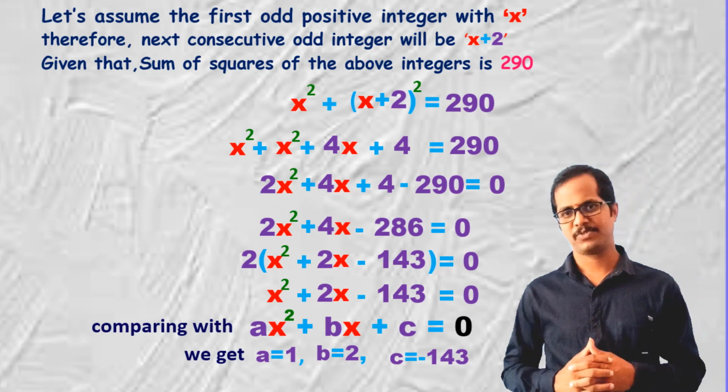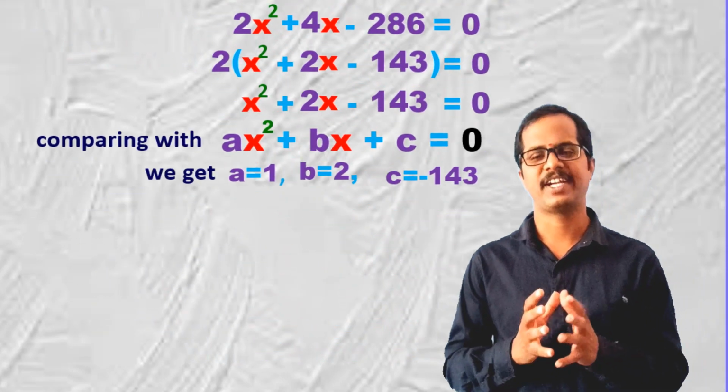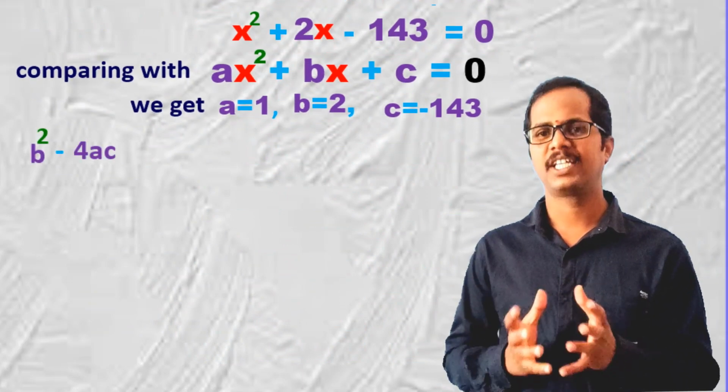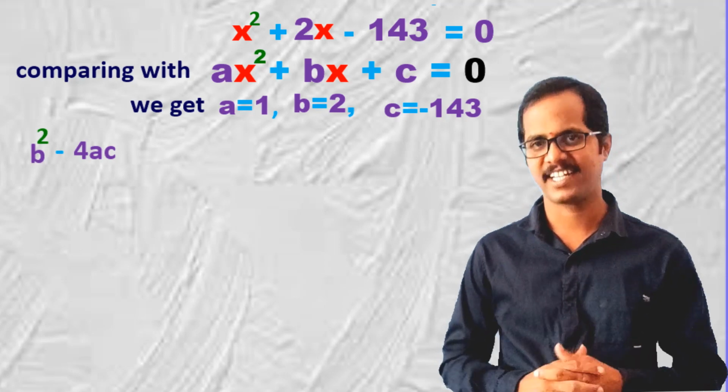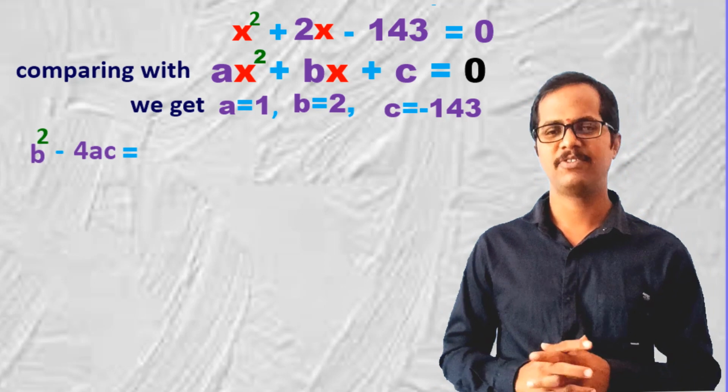And before using the quadratic formula, first we need to find the value of b square minus 4ac to know whether the given equation has real solutions or not. So let us find out the b square minus 4ac value.